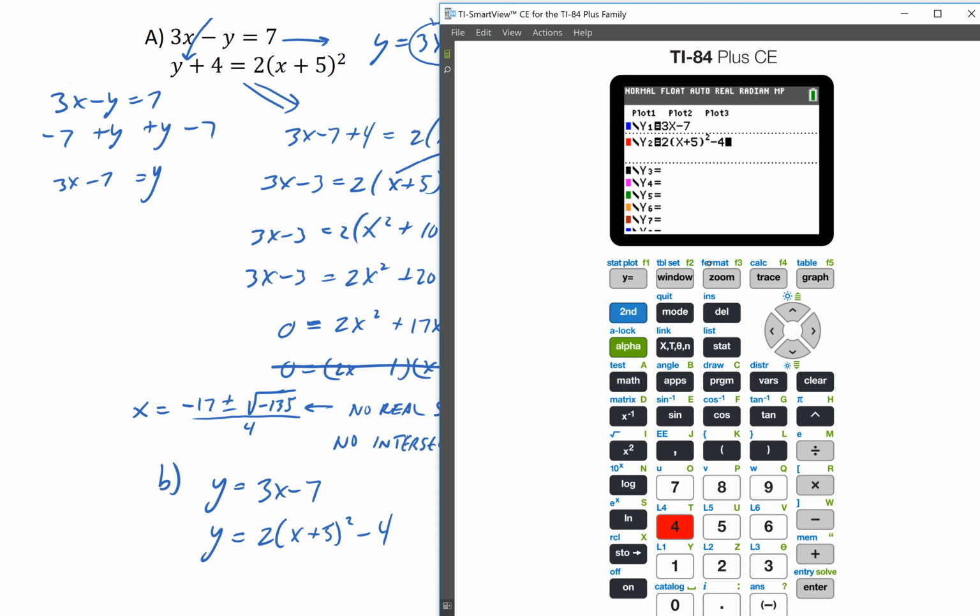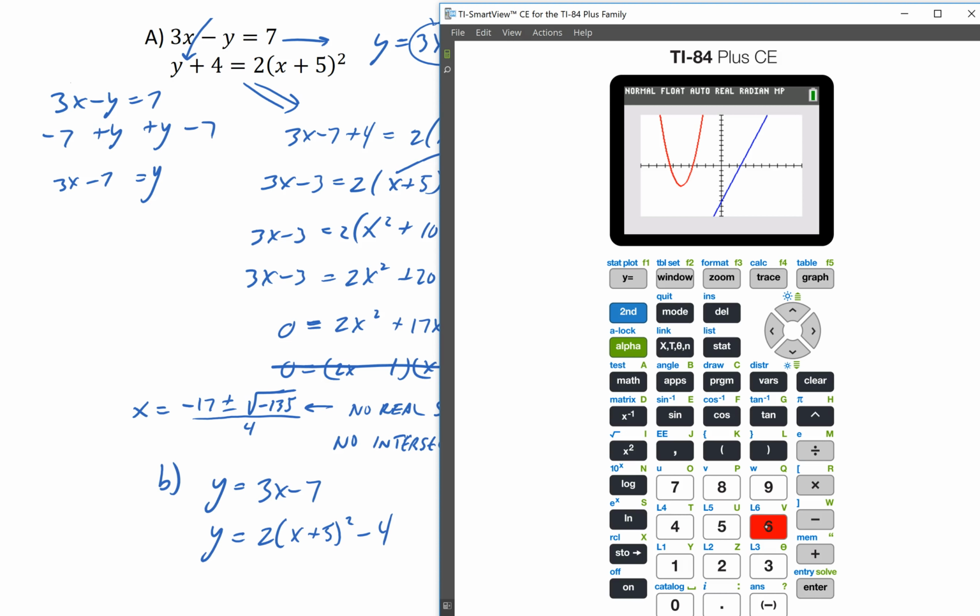And then we can always start with zoom 6 to get our standard viewing window. Zoom 6 gives us the 10 by 10 viewing window, and we can always adjust that if we can't see it, but we can definitely see here that the line and the parabola are never going to intersect.